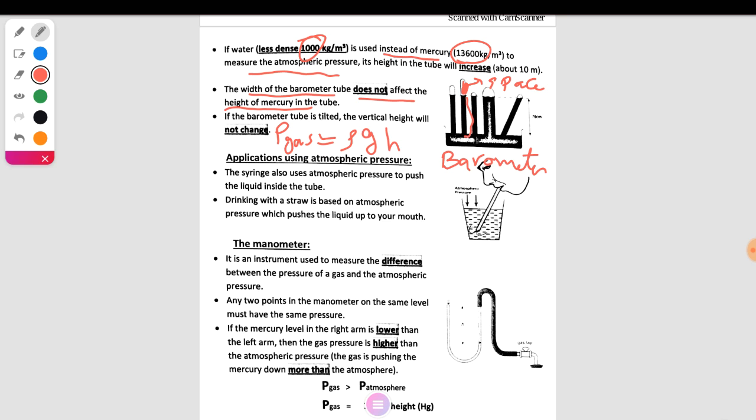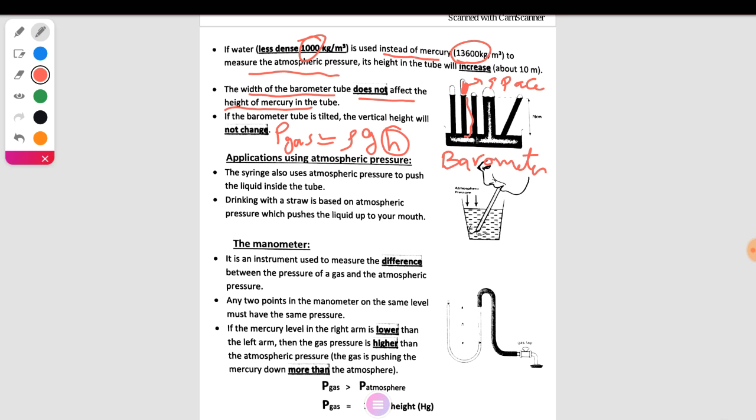So we use mercury with a length of 1 meter only. P gas depends on g, the acceleration due to gravity, which is fixed in the same place, and on the height of mercury. The height of mercury at sea level equals 76 centimeter mercury.